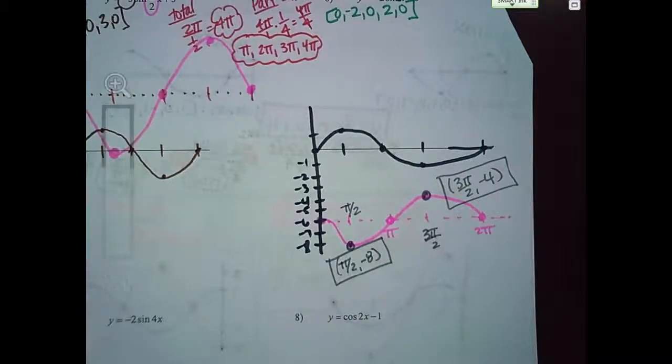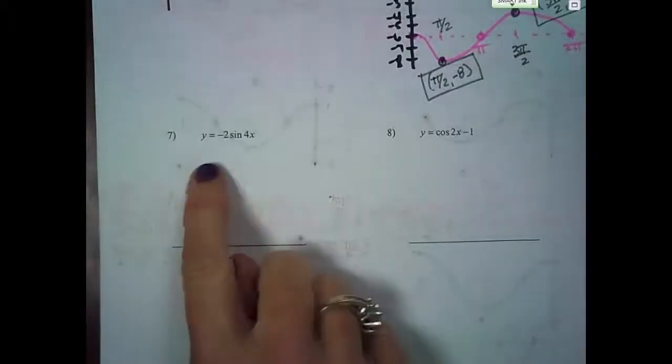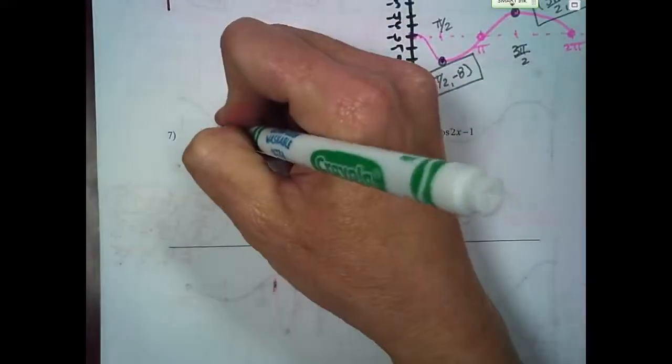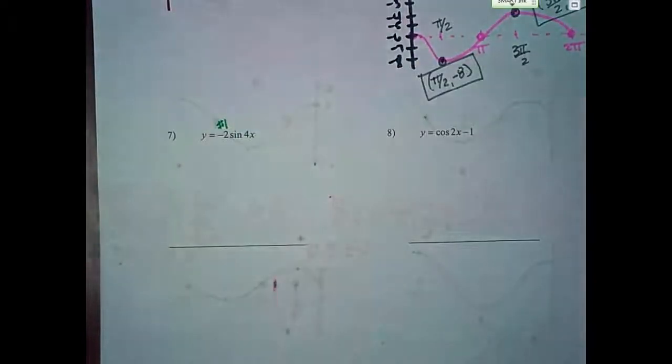Okay, you ready for number 7? Okay, let's give it a shot. Where do I start? What's step 1? Right, the amplitude. Step 1. Find the new amplitude. You try it.